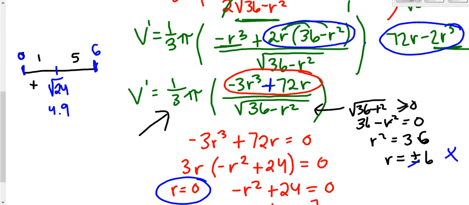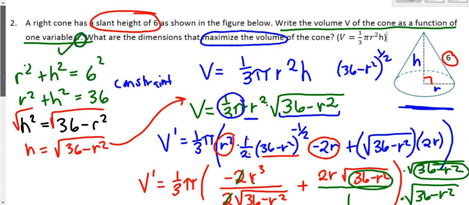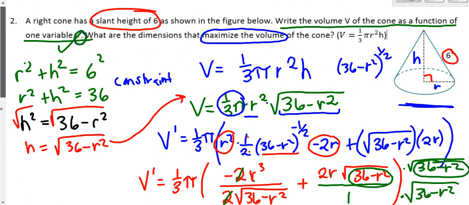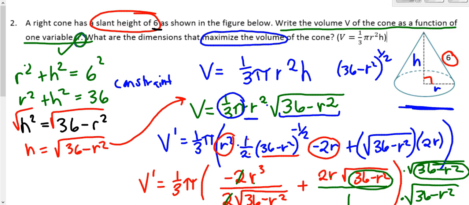And when you plug in 5 to the derivative, do all that crazy stuff, you will get a negative. So we have gone from increasing to decreasing. That is indeed a maximum. So the square root of 24 works out for me. So my radius is the square root of 24. And I don't have any units. Notice I was just given a number 6, so I don't have any units to use here.